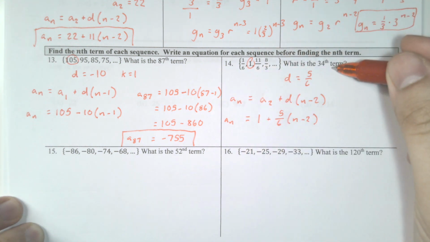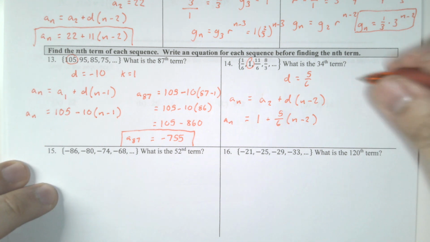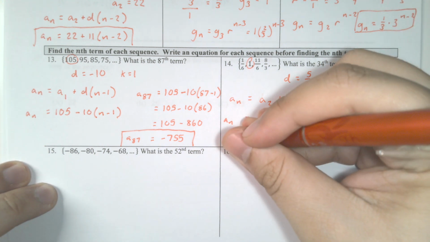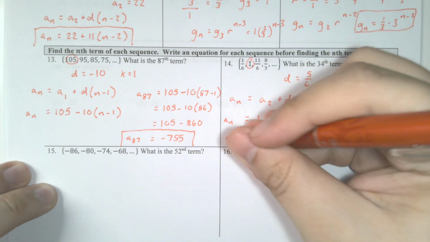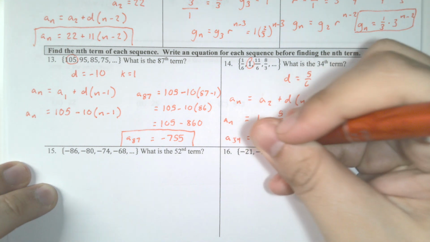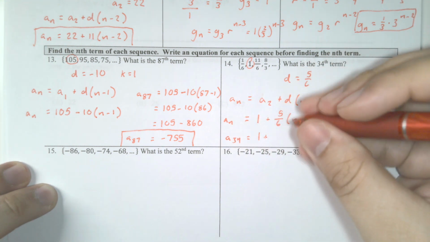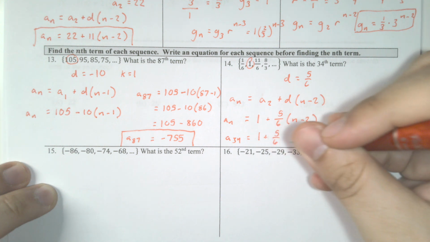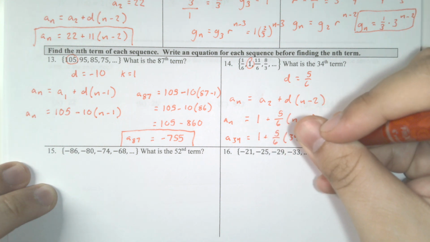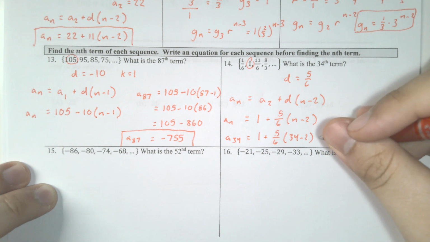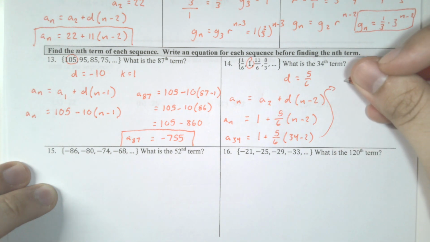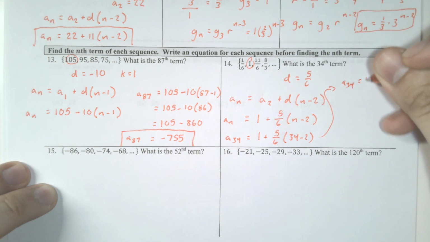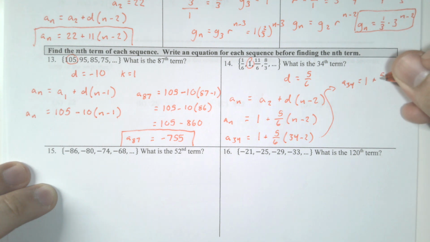Now we just need to plug in 34 into this. Well, a sub 34 is equal to 1 plus 5 over 6 times 34 minus 2. Bring this party up here. A sub 34 is equal to 1 plus 5/6 of 32.